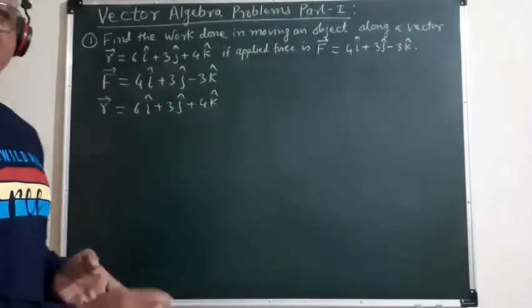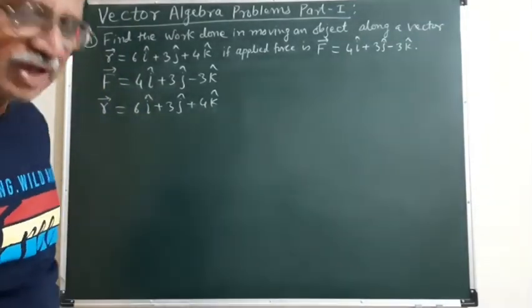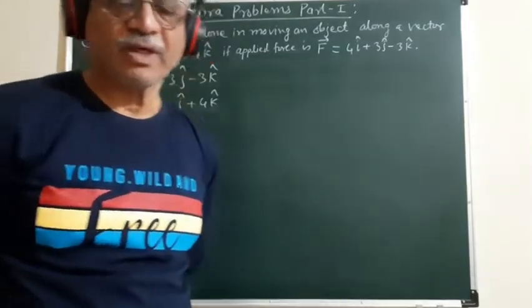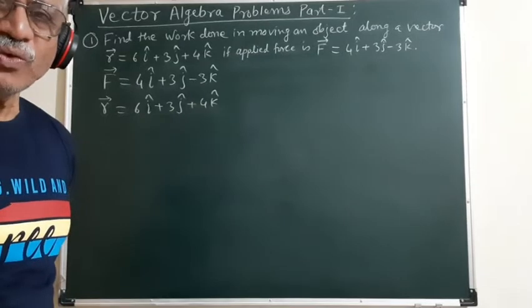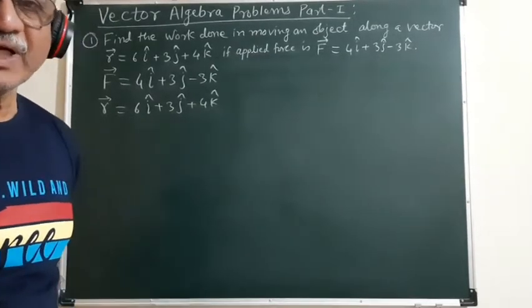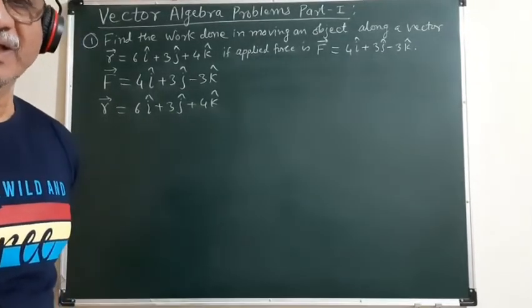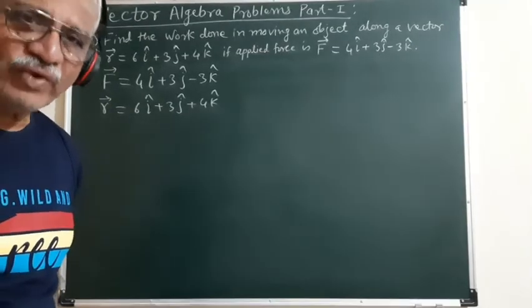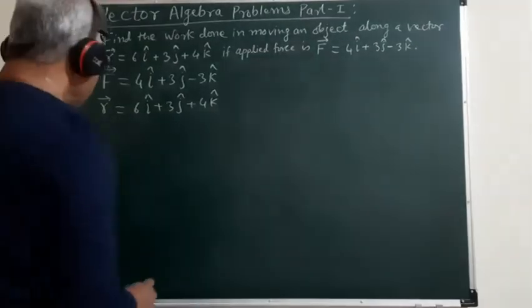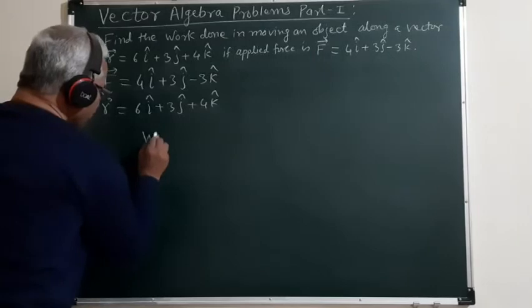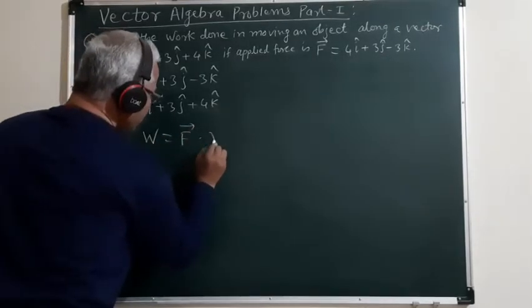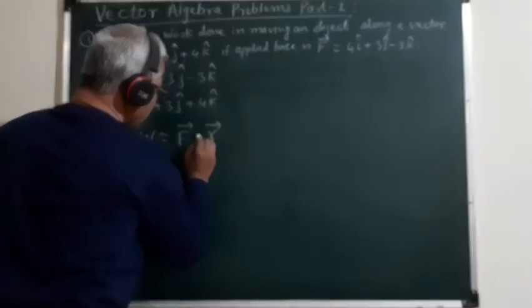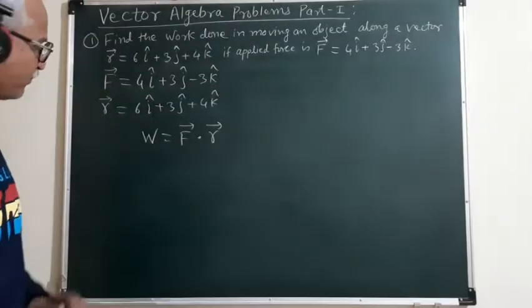As we have seen, when we want to calculate the work done, which is a scalar quantity, though it is a scalar quantity, it is expressed as the dot product of two vectors, and the work done W is given by the dot product between the force vector and the displacement vector.